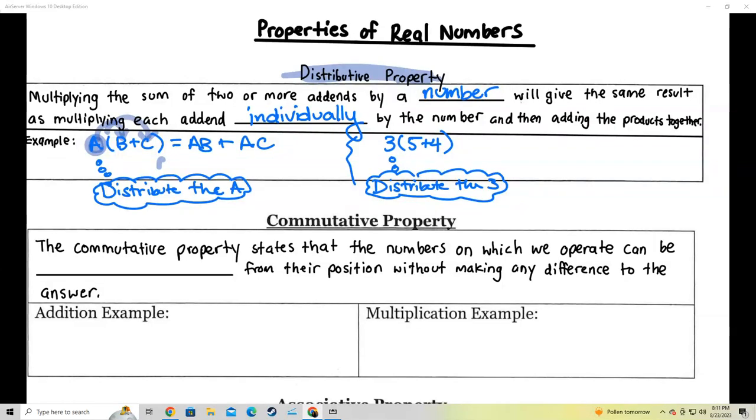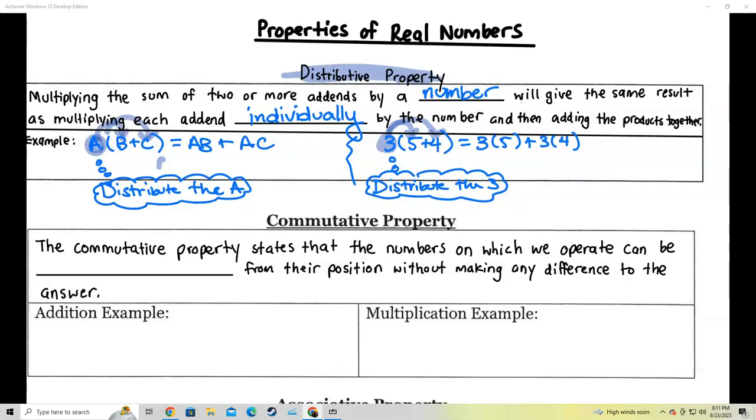If I were to use my arrows to point that out, I would highlight the 3, and that 3 is going to go to the 5, and the 3 is going to go to the 4. So I need to multiply those things together. That would result in 3 times 5 plus 3 times 4.